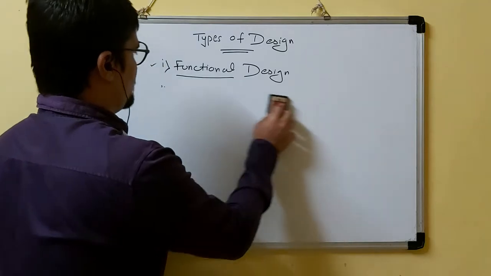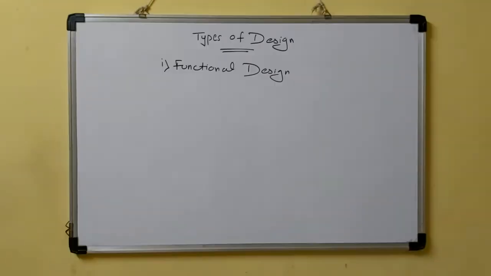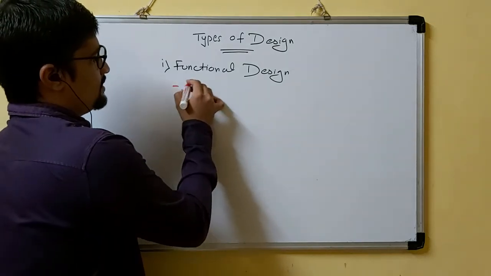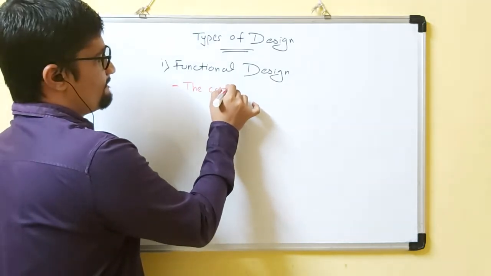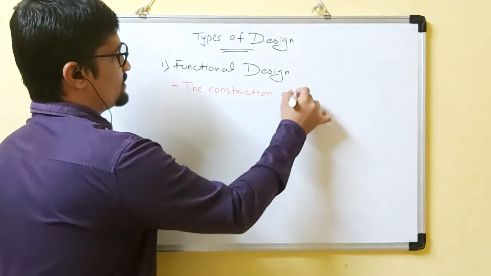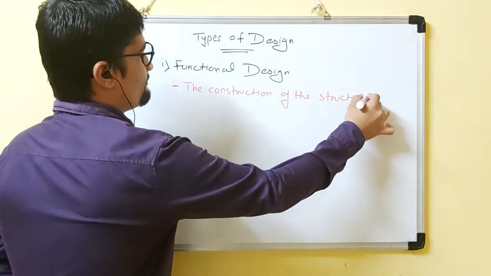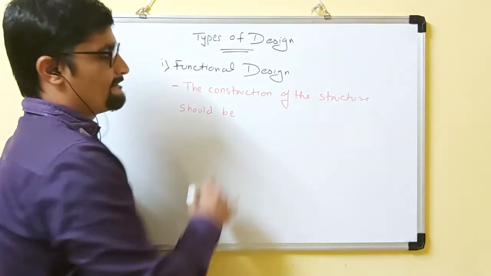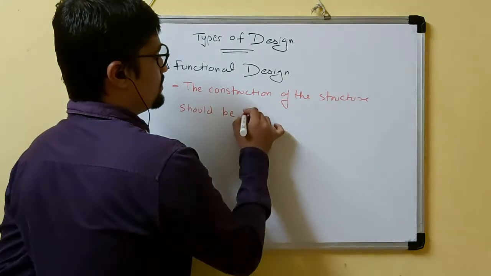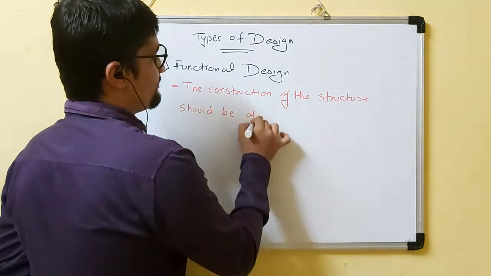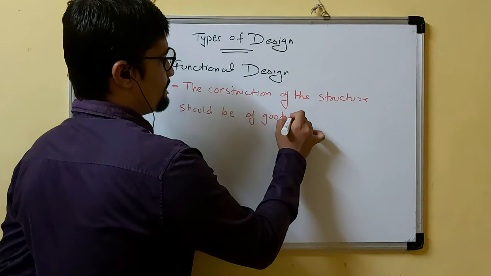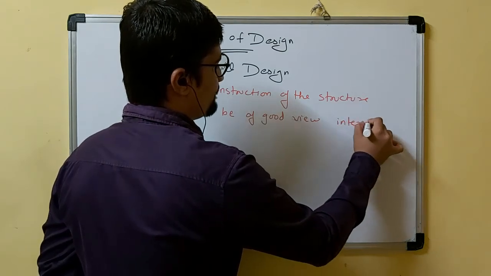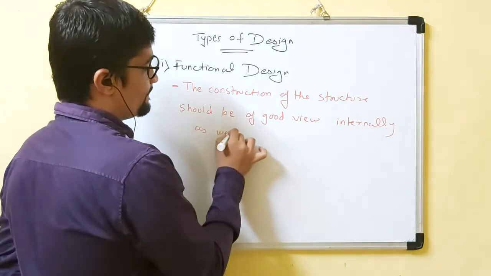Functional design means that the construction of the structure should be well, with a good view in the interior, internally, as well as externally.